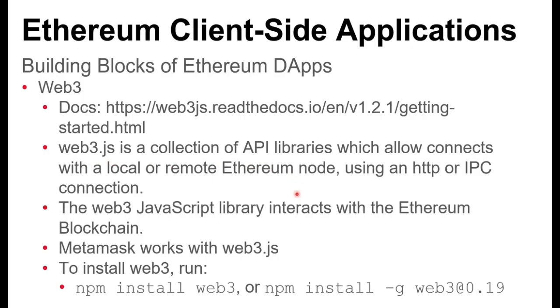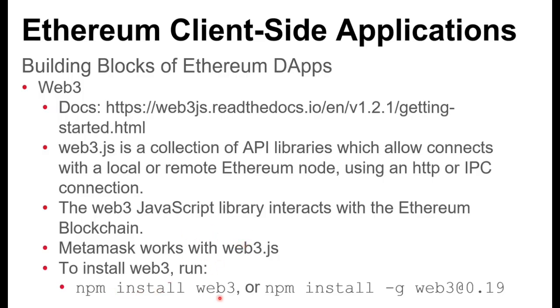Web3.js is a set of API libraries which allows us to connect to the Ethereum node. It uses the HTTP or IPC connections, and it enables us to interact with the Ethereum node. We can go into a lot more on that, but that's almost a class on its own.